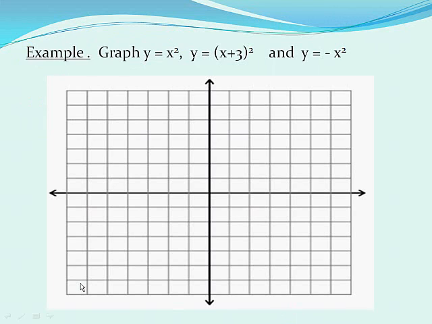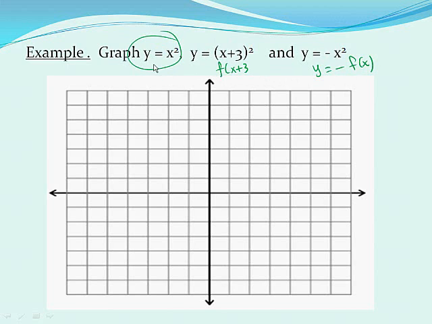Here is another example where we are looking at the horizontal shift. Y equal to x square will be the base graph, and this is like f of x plus 3, which is a horizontal shift, and this is like y equal to negative f of x, that will be a reflection.